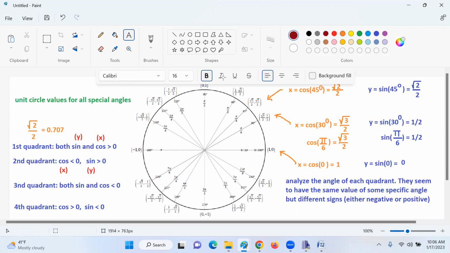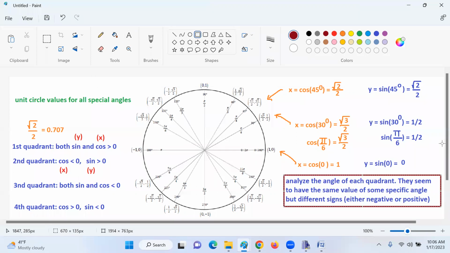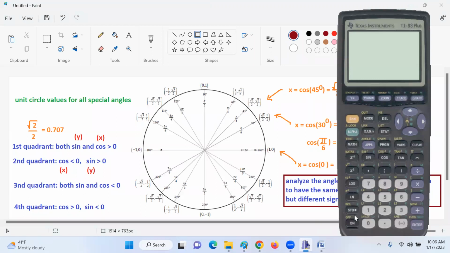So if you ask me how we take the cosine of 135, I'm literally going to use the calculator, right? Make sure that the mode is degree. So the cosine of 135 degrees gives me negative radical 2 over 2.